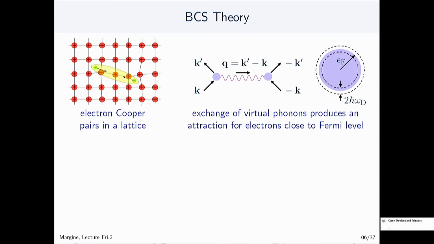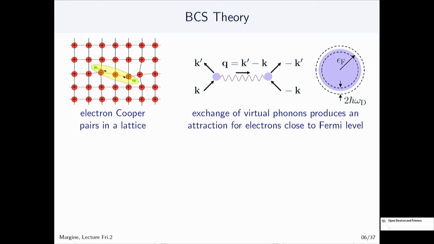The phonon will then be absorbed by another electron with momentum minus K, and this electron will move to a new state with momentum minus K prime. Effectively, two electrons scatter on each other by exchanging a phonon.